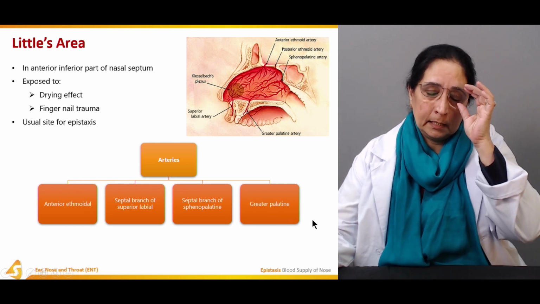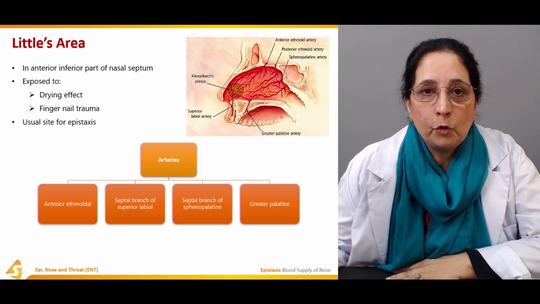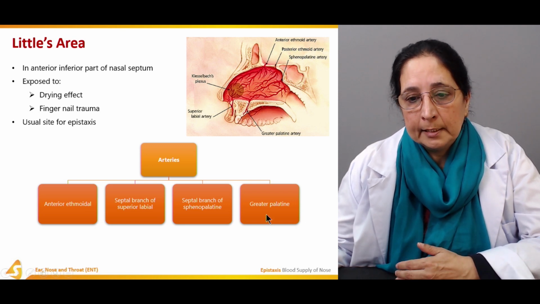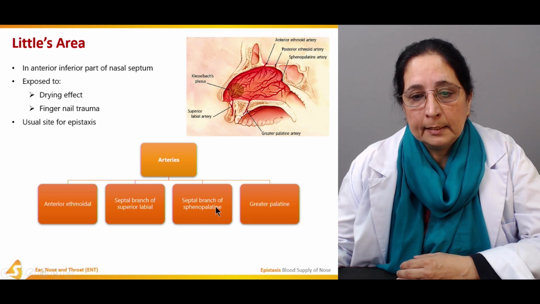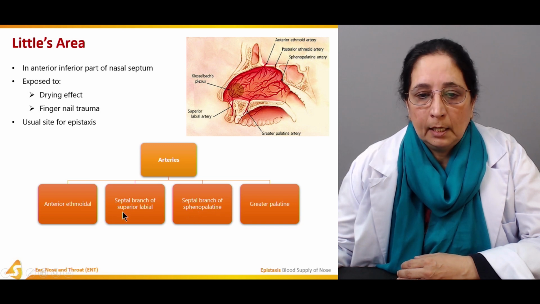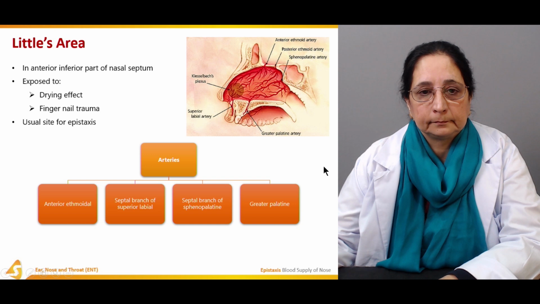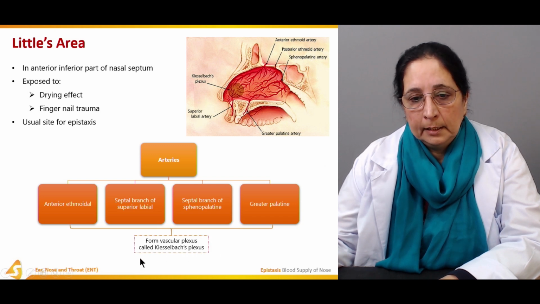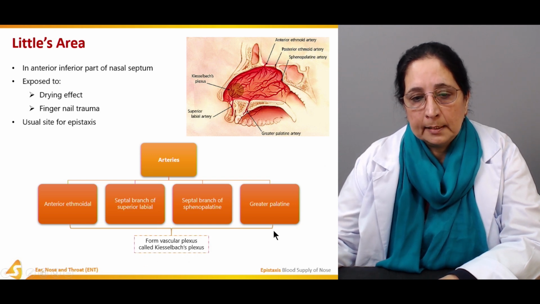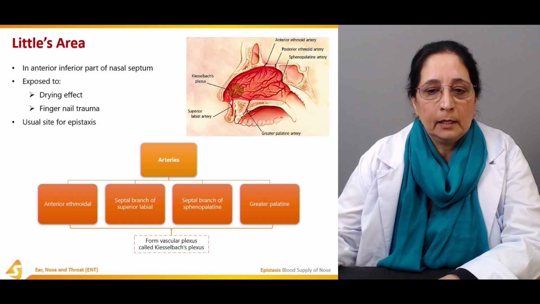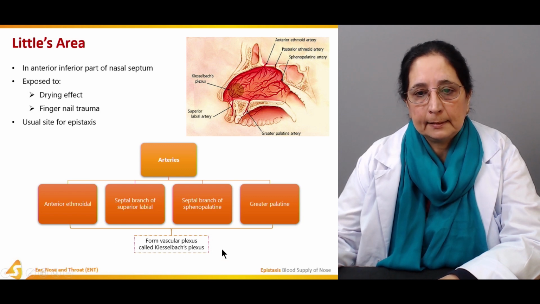So these are some arteries that are very prone to bleeding or epistaxis: greater palatine, sphenopalatine, septal branch of superior labial and anterior ethmoidal artery. These form the vascular plexus, the Little's area or Kiesselbach's plexus.